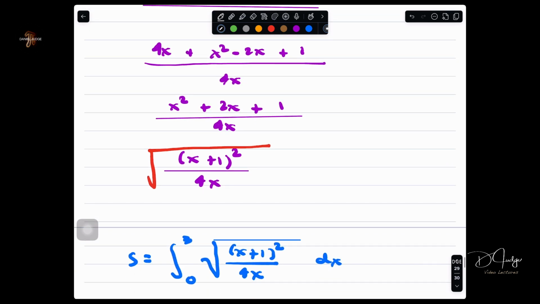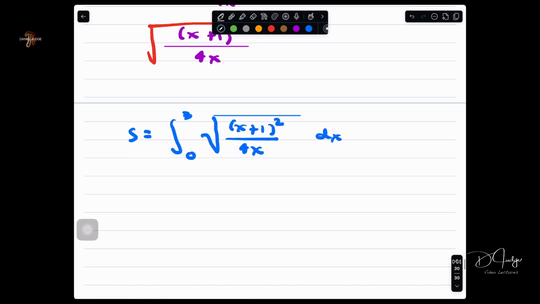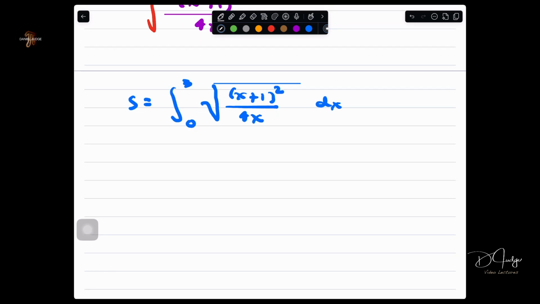This is going to be the integral. We're going to try to do some more simplification here. Let me do some algebra.